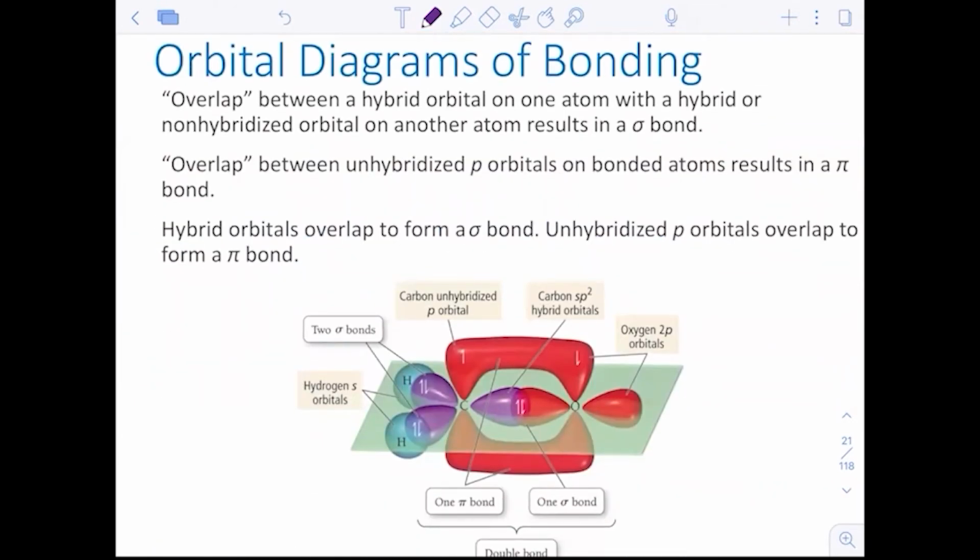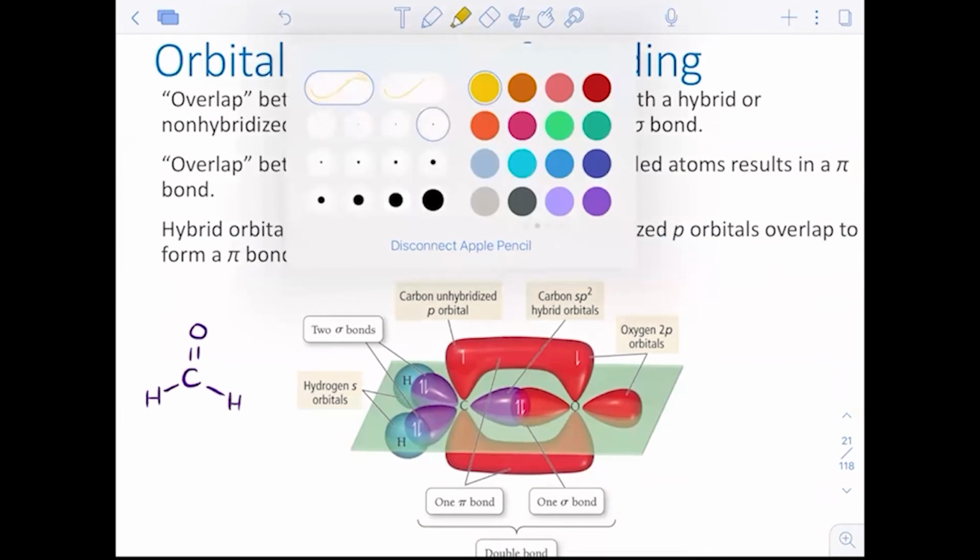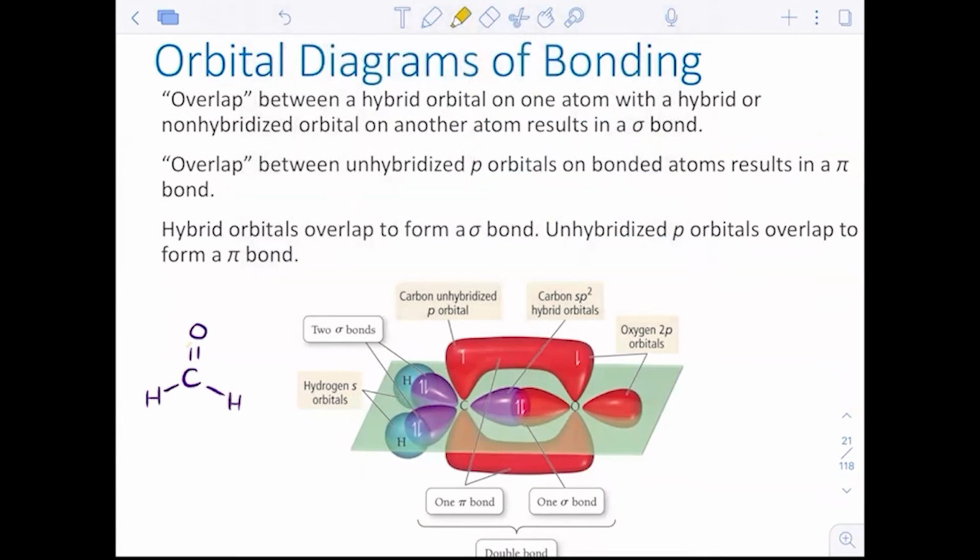Now here's this molecule that we just did the Lewis structure and 3D shape for, CH2O. One of those bonds is going to be a sigma. Choose one, doesn't matter which one. One of them, though, is going to be the pi.